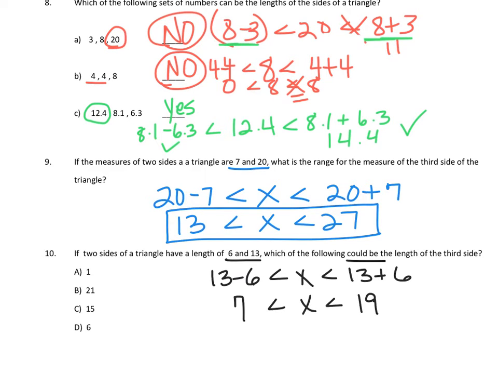Okay, so 1 is not between there, so that's not a good one. 21 is not between 7 and 19. 15 is, and 6 is not. If I had a choice E and it was a 7, that would be a no. And if I had a choice F and it said 19, that would be a no.